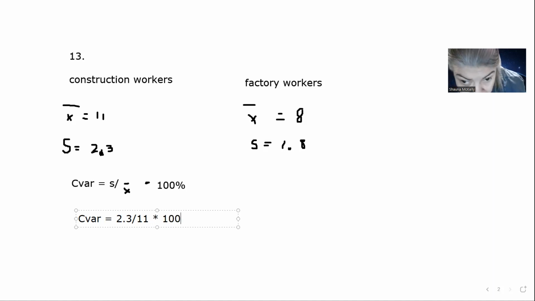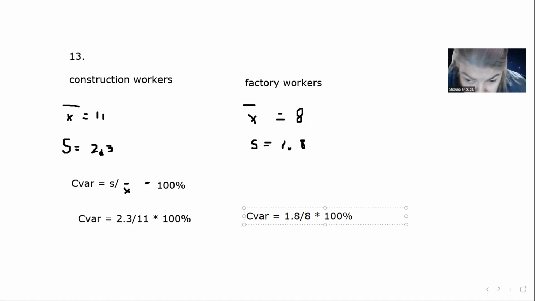Times 100%. And for our factory workers, same thing. C var will be 1.8 divided by 8 times 100%. Now you're going to do those calculations and see which one is more variable.